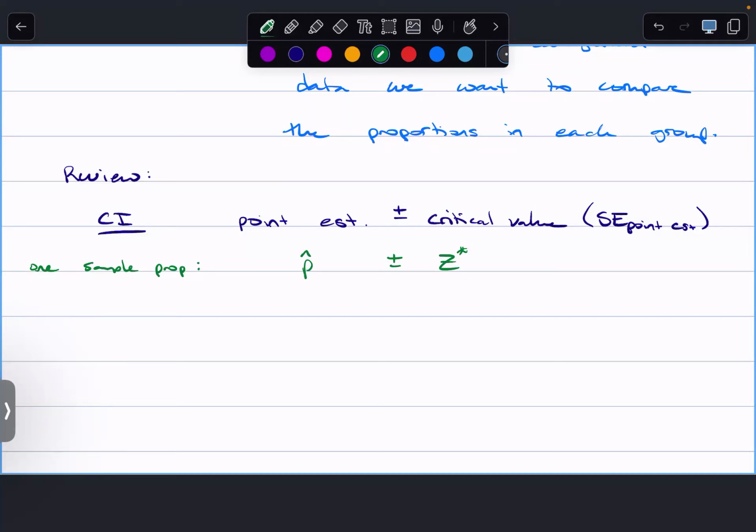We tell this interval how many standard errors we want to move out, and that dictates our confidence level. For Z star, we said let's just use 2 for simplicity, because we'll build 95% confidence intervals. Technically it's 1.96, but close enough.